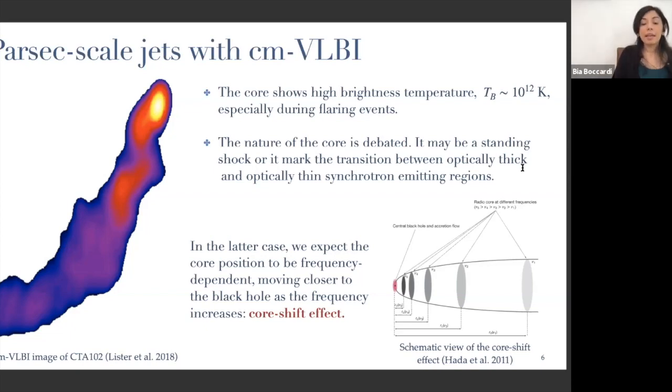In the latter case, we expect the core position to be not fixed, but to be dependent on the frequency. And therefore, by going at higher frequencies, we expect the core to move closer and closer to the black hole. This is what we call the core shift effect.